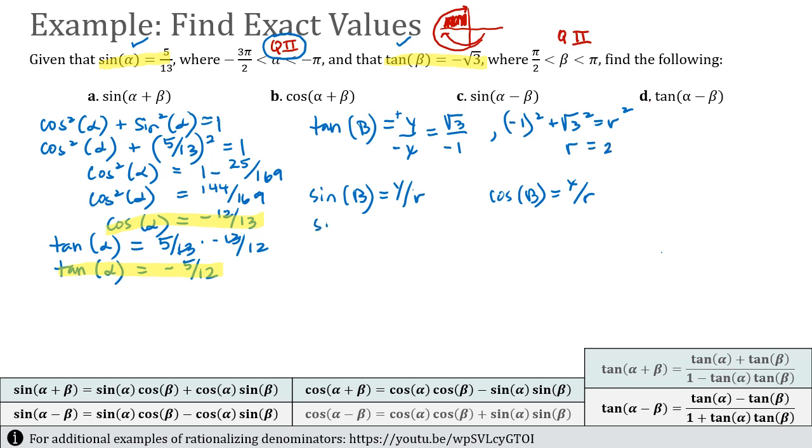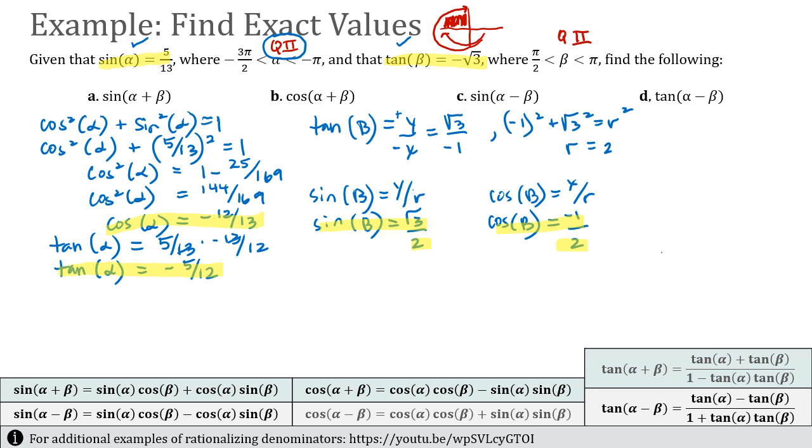So my sine of beta is equal to my y value of the square root of 3 over my r value of 2. And the cosine of beta is equal to my x value of negative 1, also over 2. Okay, so let's highlight those. So we know a lot of information. Now we just got to put it all together.